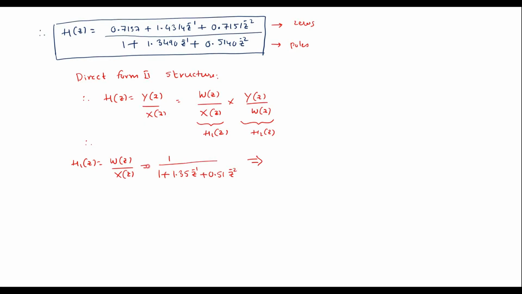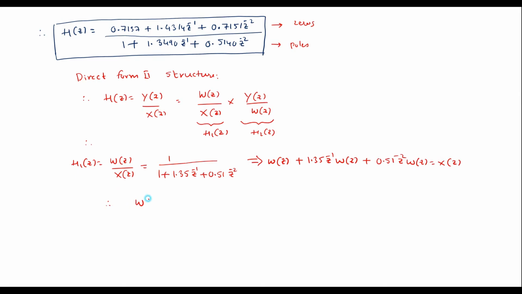So I'll perform cross multiplication here, that is I can represent it as W(z) plus 1.35 z inverse W(z) plus 0.51 z power minus 2 W(z) is equal to X(z).